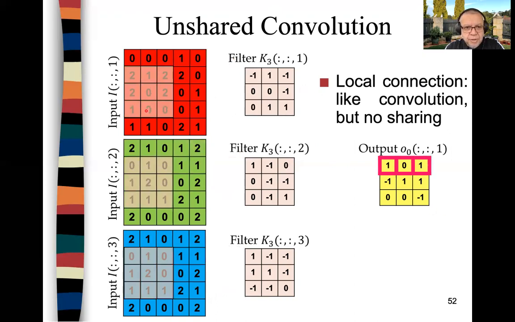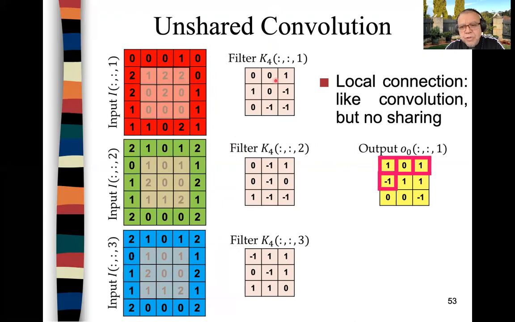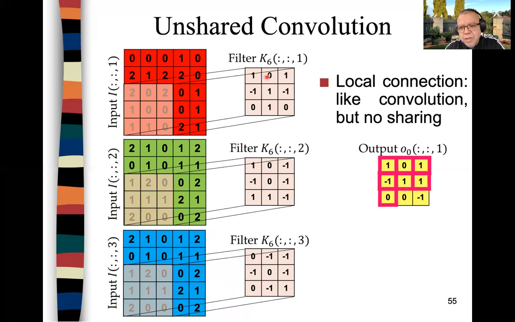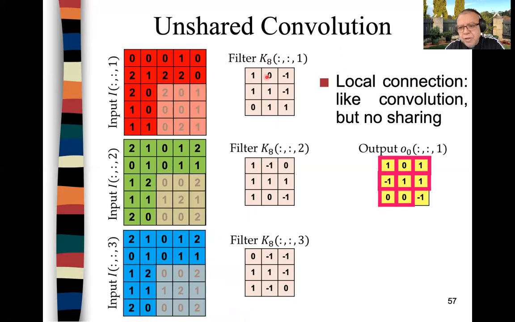The same thing again: when you move by one stride, you convolve with another filter, K3, and you get the output pixel. This is with kernel 5, kernel 6, kernel 7, kernel 8, okay?